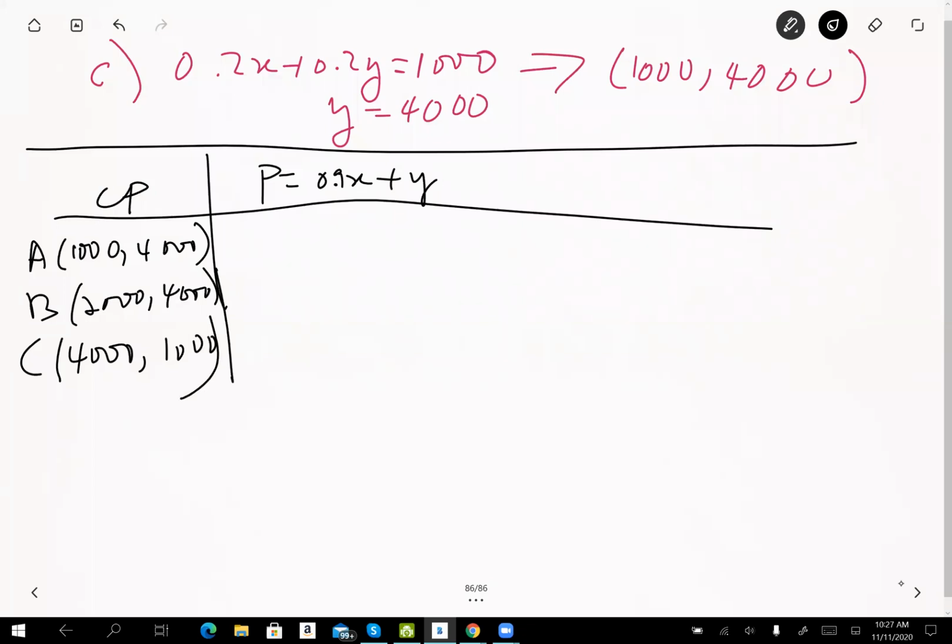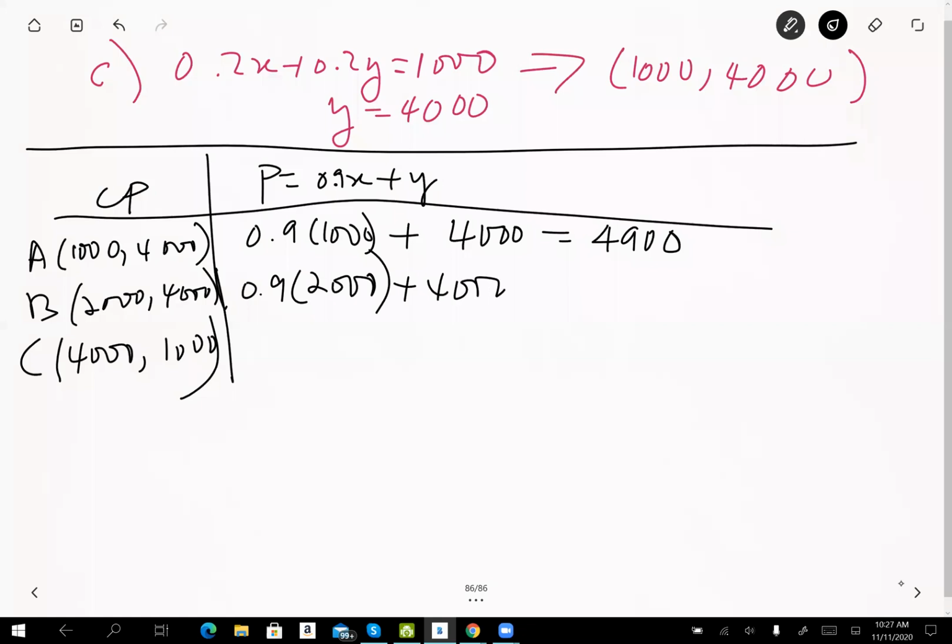Substitute into the objective: 0.9 times 1,000 plus 4,000 is equal to 4,900. For this one, 0.9 times 2,000 plus 4,000 equal to 5,800.